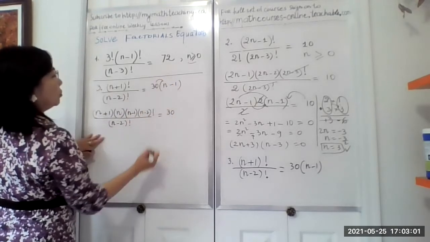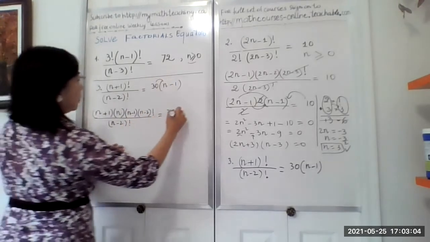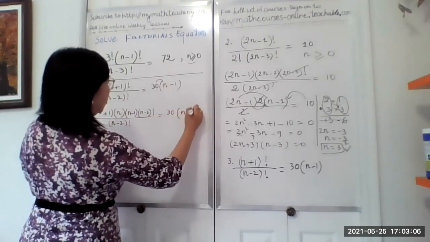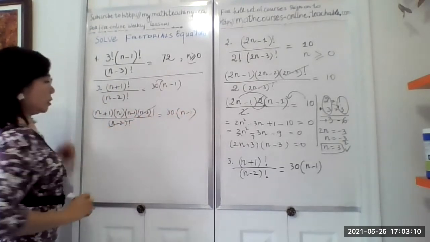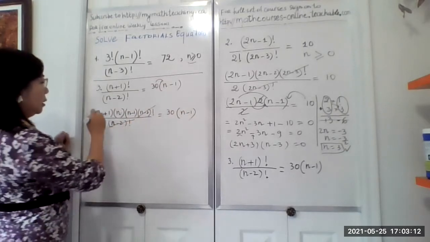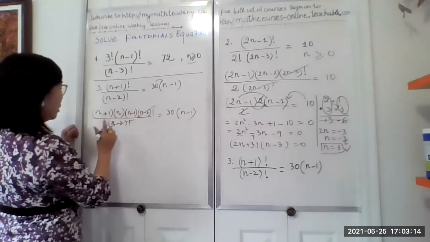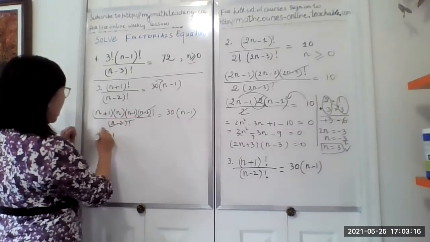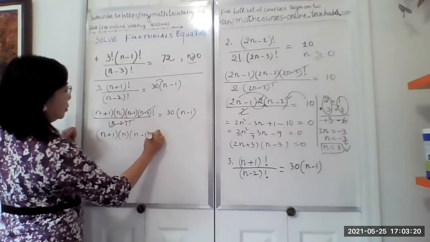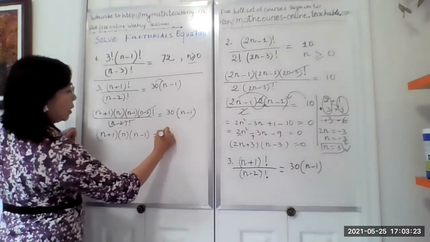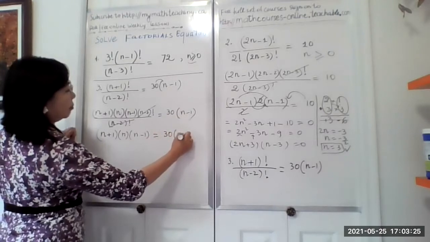I'm going to multiply through, or just leave it for now. So cancel this because they look alike. Now on the left I have (n plus 1) times n times (n minus 1). On the right-hand side, I have 30 times (n minus 1).